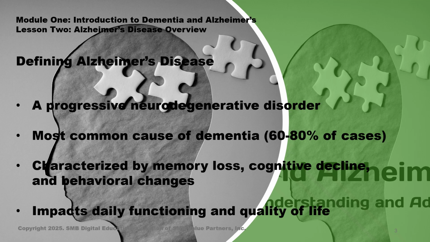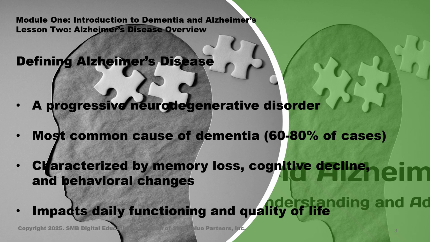Alzheimer's disease is a progressive brain disorder that gradually destroys memory and thinking skills, eventually affecting the ability to carry out even simple tasks. It accounts for 60 to 80% of dementia cases, making it the leading cause. Unlike normal aging, where minor memory lapses may occur, Alzheimer's involves significant and persistent cognitive decline.